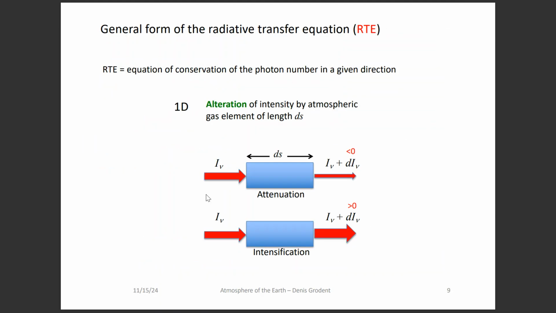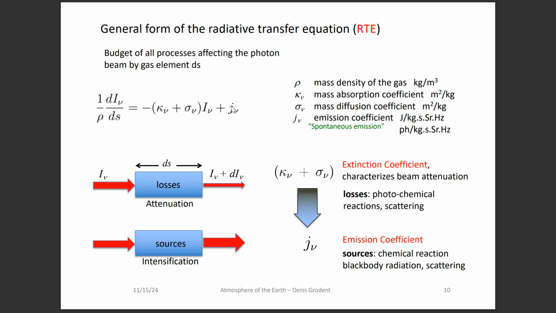So now we talk about the general form of the radiative transfer equation. It explains the number of photons, the radiation, in a given direction. How does it vary? It is altered by atmospheric gas elements, so the attenuation and the intensification will not be the same depending on where we are in the atmosphere.